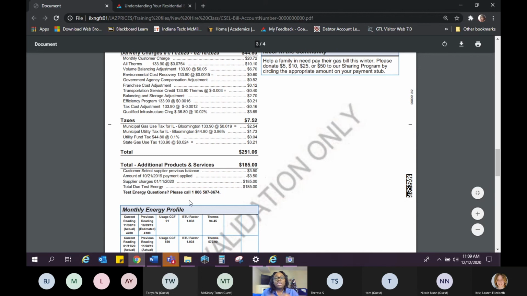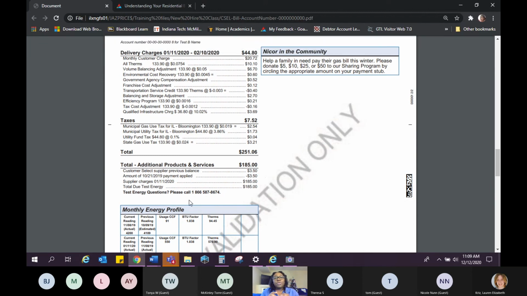So it does still give you your third-party supplier's name and phone number if you do have questions regarding how much they're charging you. Now, you can, of course, call NICRA Gas and ask about the charges, but there is only so much that we will be able to help as far as the charges, because they're coming from a third-party supplier.